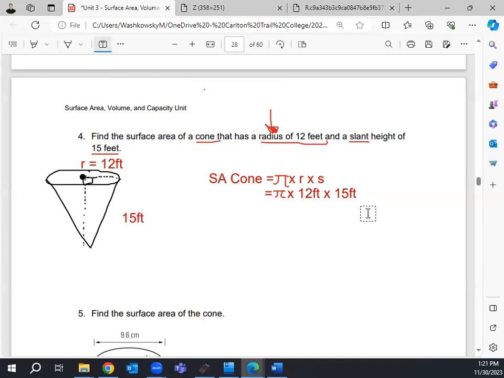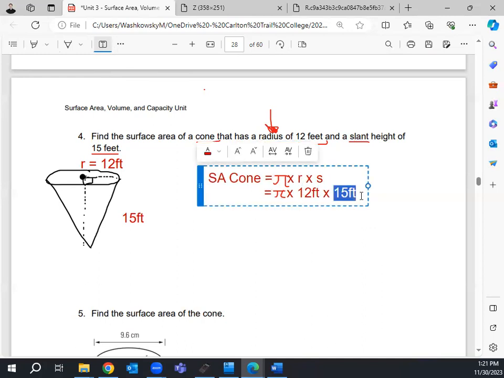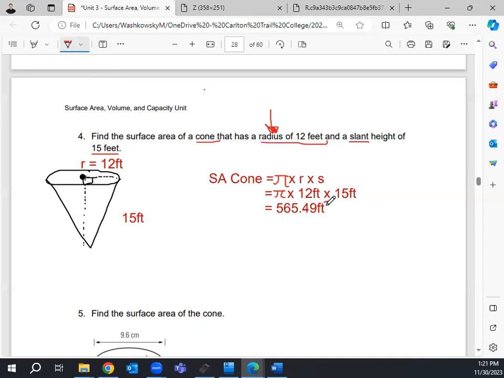There's no fancy tricks here. It's a cone. Here's the formula. Here's the radius and slant. Punch in our calculator. So if we put that in our calculator, pi times 12 times 15, we should get 565.49 feet squared. And that's it.